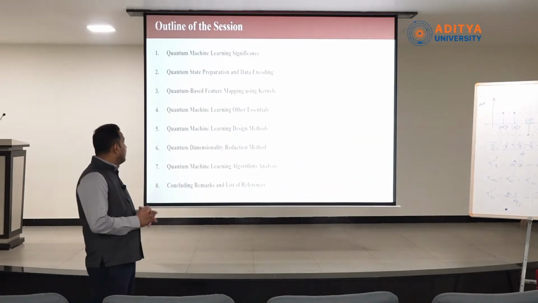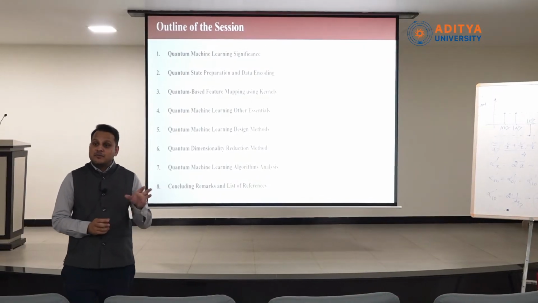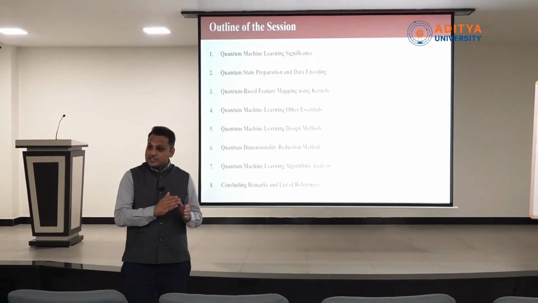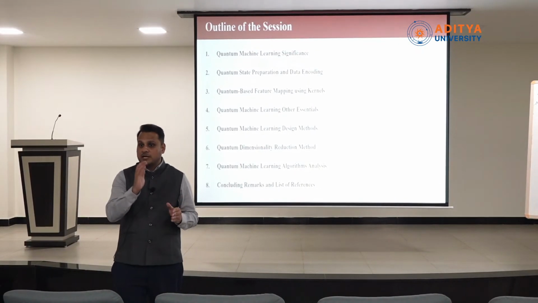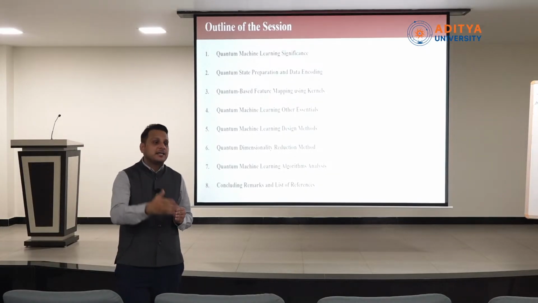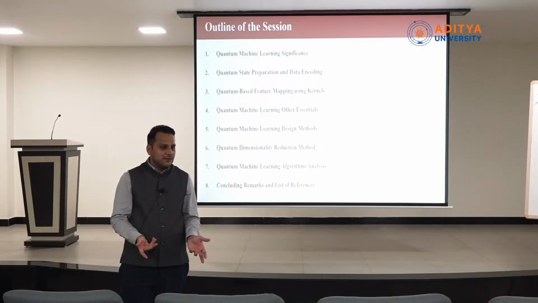So now the context is different. The topic is related to the quantum machine learning requisites. The requisite things to be discussed here are important. Why? Because for dealing with any machine learning task, the rest of the fundamentals related to machine learning remain the same.